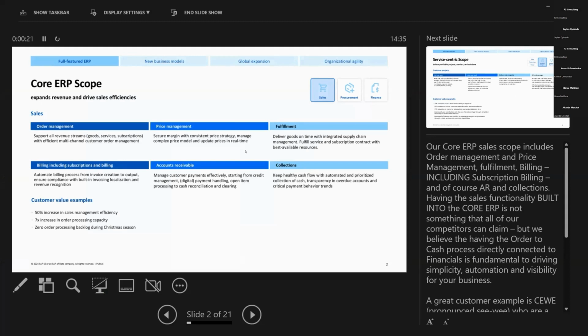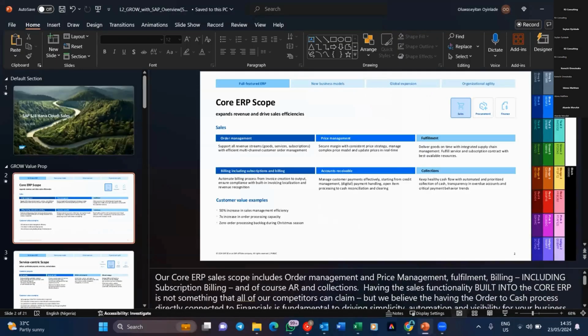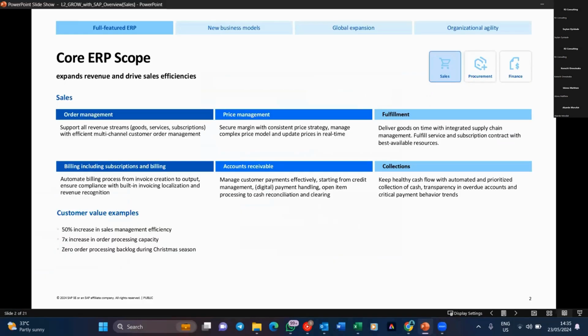So we have different sales processes based on the type of business you have: the traditional sales process, project-based, customer-based, and even solution-based business processes. I'm going to start with the traditional sales process.